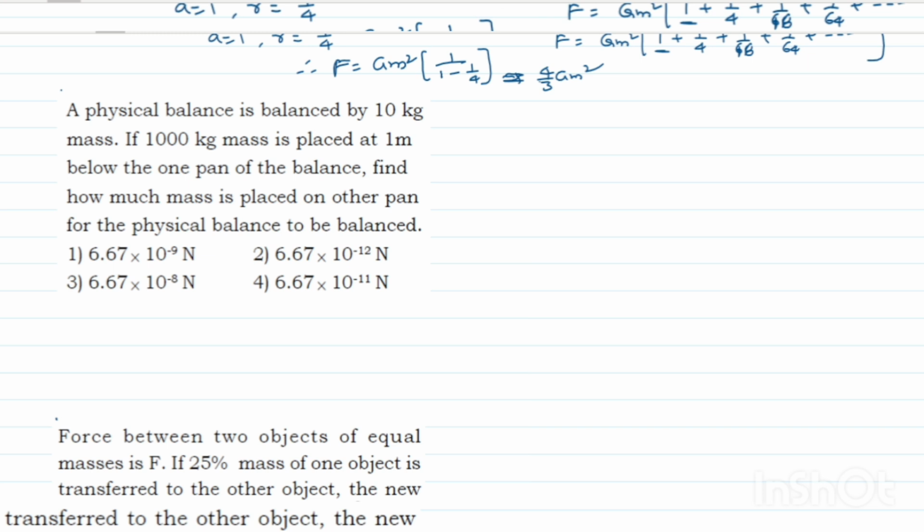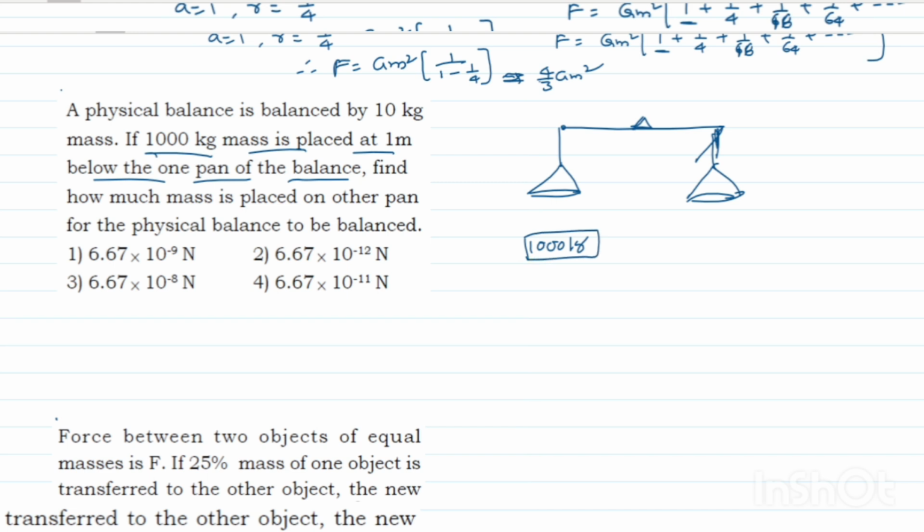If 1000 kg mass is placed 1 meter below one pan of the balance, how much mass is placed on the other pan?